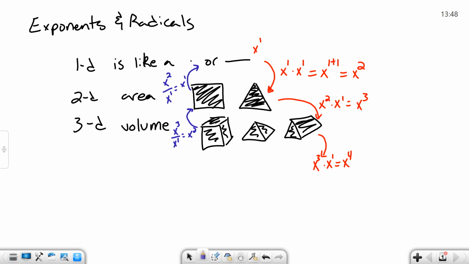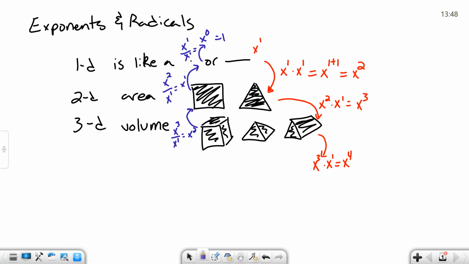What if I wanted to imagine a dimension even smaller? Something without any dimensional units? Well, take x to the first divided by x to the first. It's going to give me x to the 0. The zero property tells me that this is equal to 1.